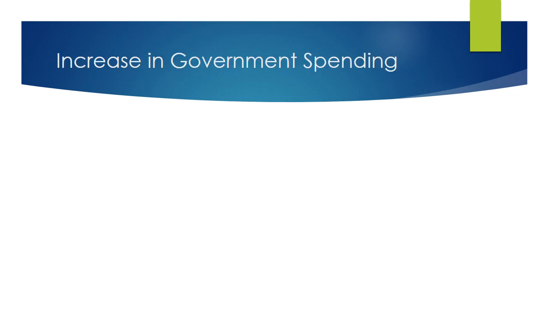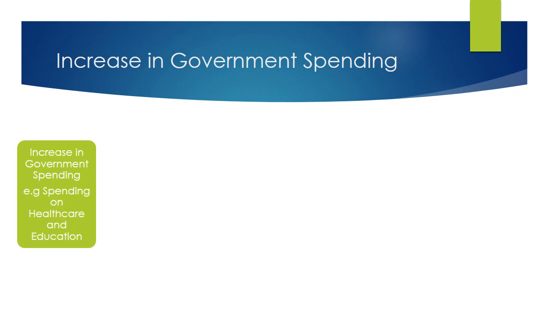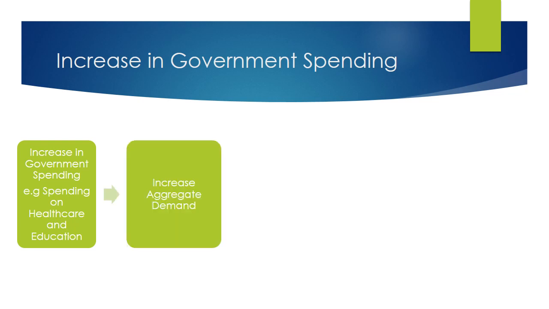We'll first look at government spending and how it relates to the ADAS diagram analysis. You'll also be able to use similar analysis for taxes later on, so make sure you fully understand this slide before moving on. When the government increases spending, such as on education and healthcare, this will stimulate aggregate demand. Don't forget, government spending is a component of aggregate demand.